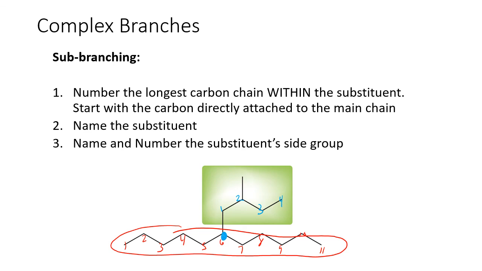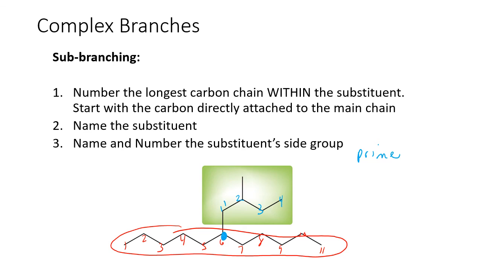And whether we had started on the left or the right, our substituent, our complex branch would have popped up at number 6. So what we do for the numbers is we add these little dashes at the top, these little apostrophes that are called primes, in order to differentiate them from the main parent chain numbering.